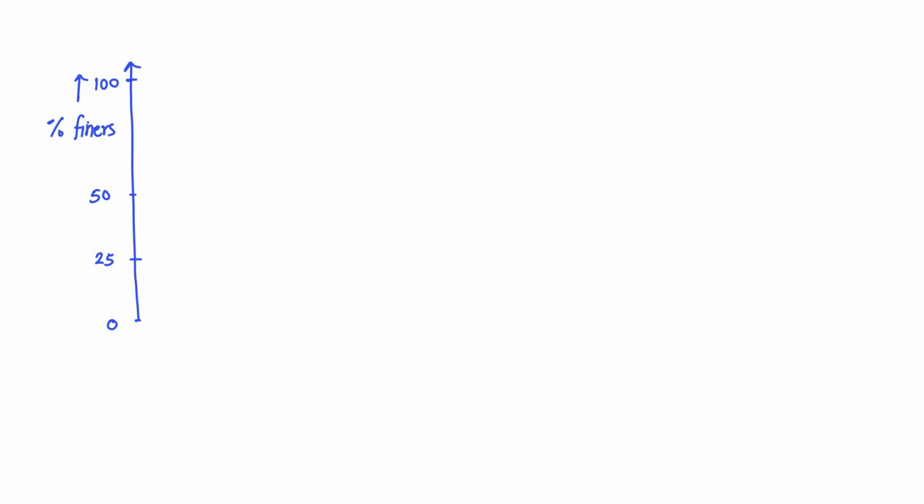Now on the x-axis we plot the particle size, or as I said, the sieve size. So we can either write down the particle size, or we can also write down the sieve size.